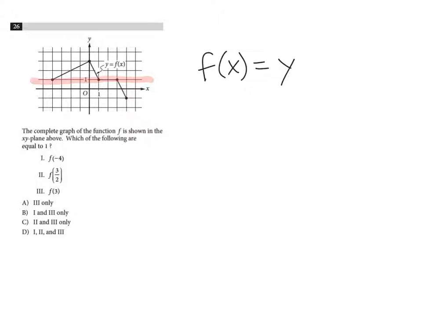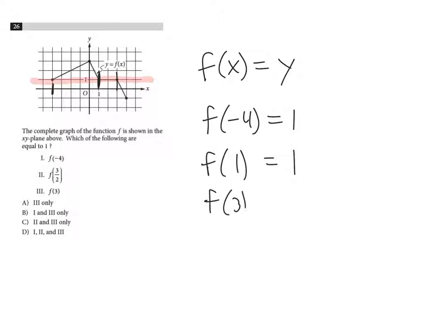So we can say that here, that's going to be at -1, 2, 3, 4. So f of -4 equals 1. You can see that here at 1, x is 1, f of 1 equals 1. And anything in between, f of 3 is also going to equal 1.